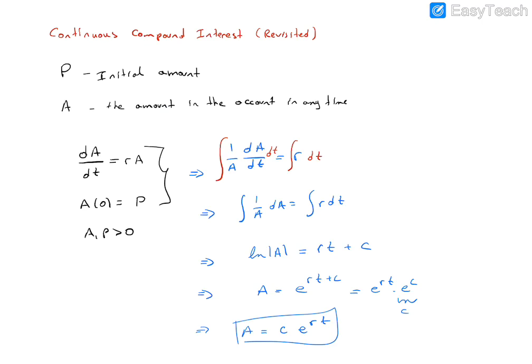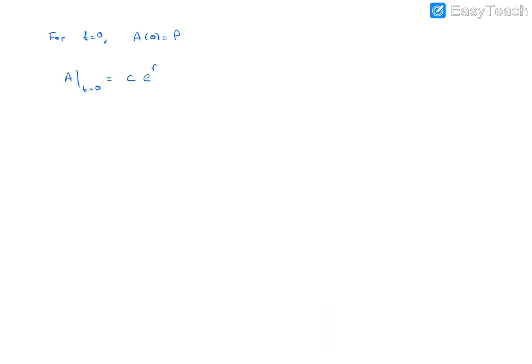For t equals 0, A of 0 is P. So A at t equals 0 equals C times e to the power R times 0. E to the power R times 0 is 1. But A of 0 means A when t equals 0, so this equals P. So this implies C equals P.